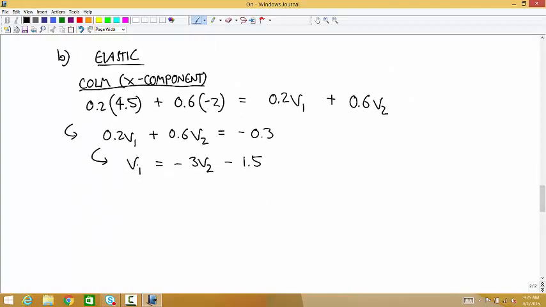And then to streamline everything one more time, let's write this out. We know we're going to have to substitute a squared value into the elastic equation. So V1 squared is equal to negative 3V2 minus 1.5 squared.